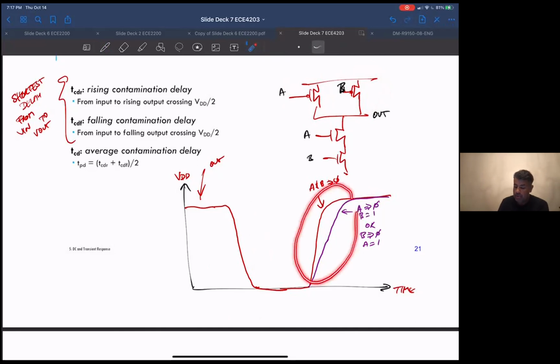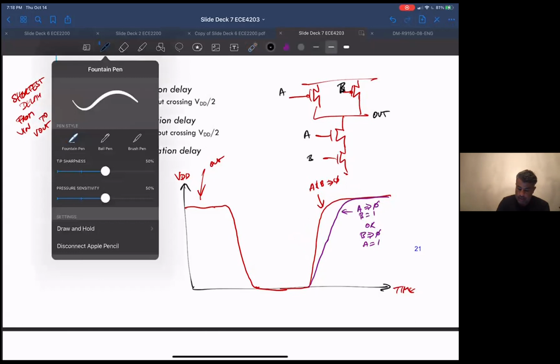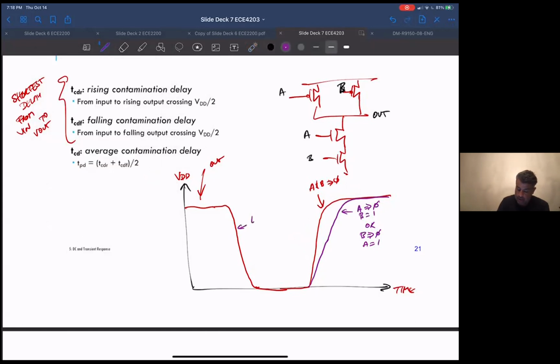But when you're talking about rise time or this rising transition, this guy would be your contamination delay. It'd be the fastest transition from low to high. So you'd get a contamination delay rise. Let me write this down: T contamination delay fall is T prop delay fall.